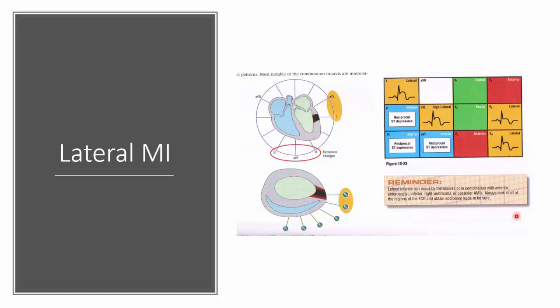So again, your high lateral is 1 and AVL. Your low lateral is V5, V6. If you have high lateral involvement, then you may see reciprocal changes in 2, 3, and AVF.